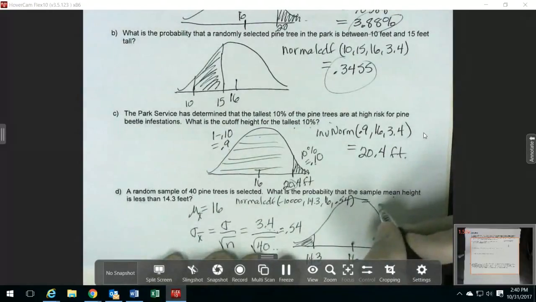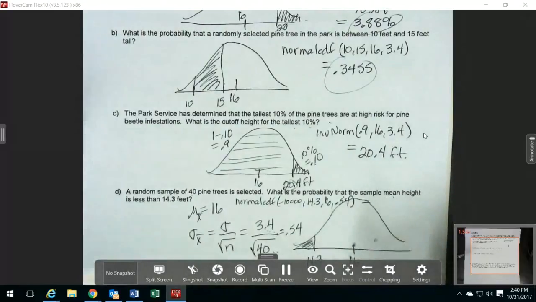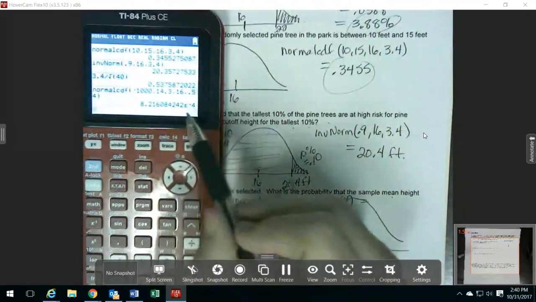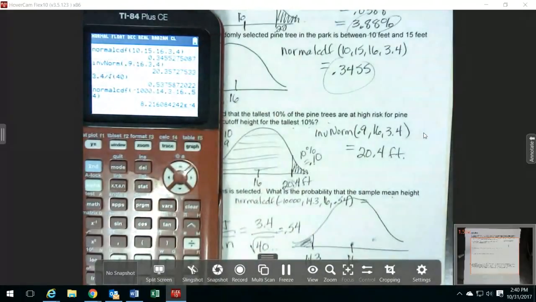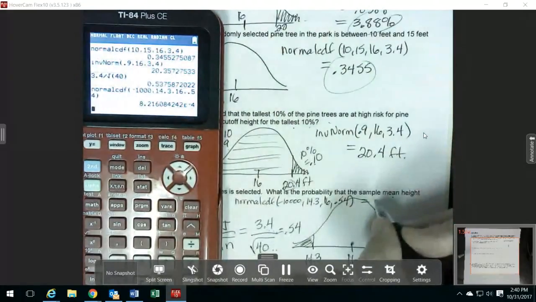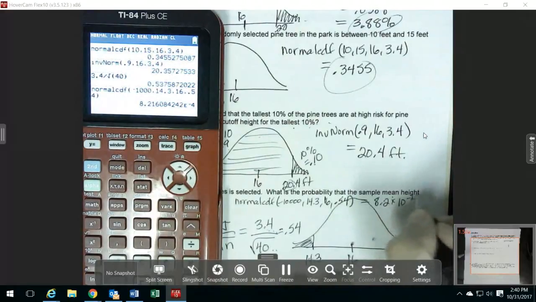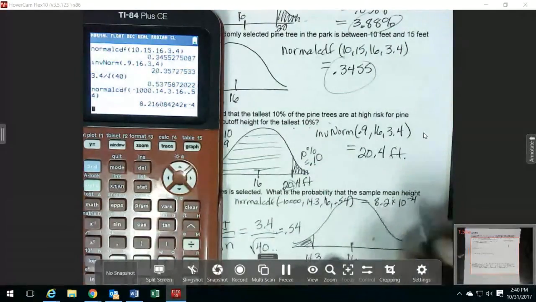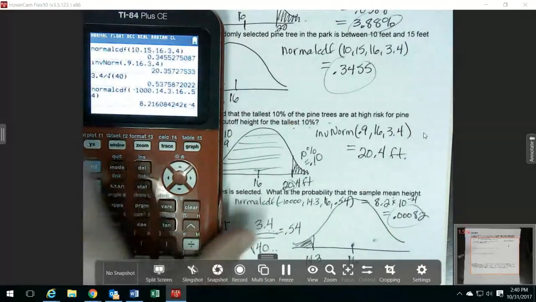Okay, and this gives me, on the calculator, this number, and the little e with the -4 at the end means it's in scientific notation. So this is actually 8.2 times 10 to the -4th is what it's giving me on the calculator. Which, to write this in standard notation, I'd move my decimal point 4 places to the left. So that's 0.00082. So that's a very small probability.